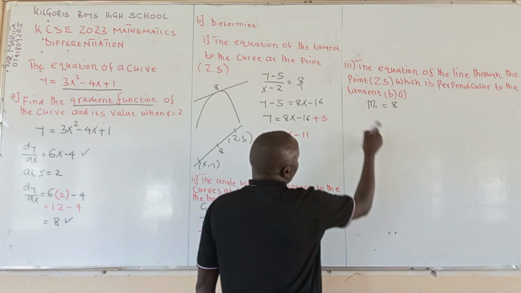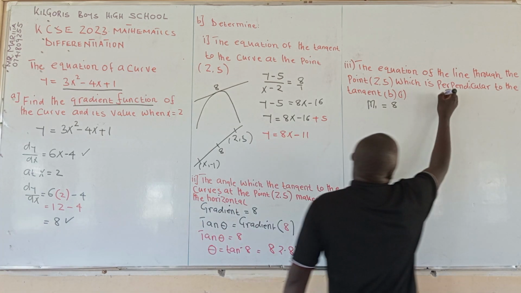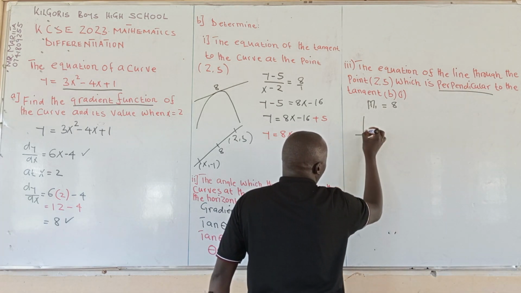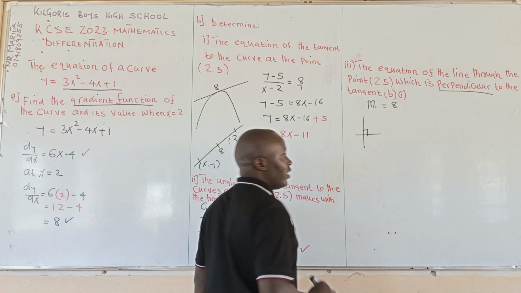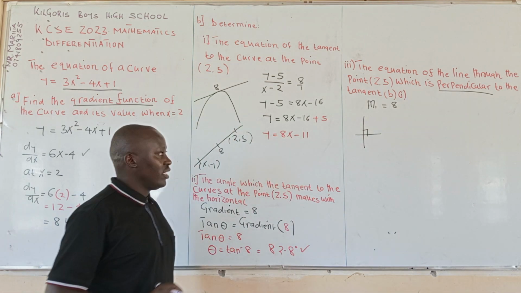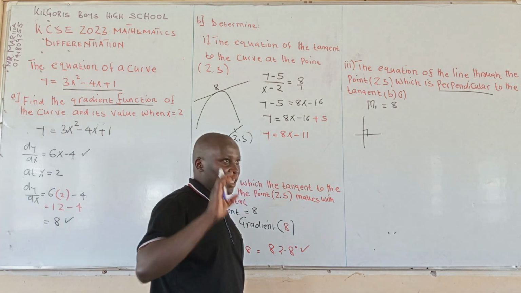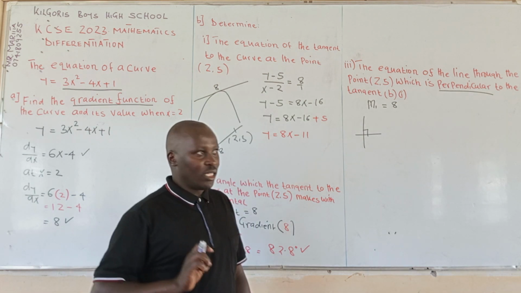And since the lines are perpendicular, for perpendicular lines the product of their gradients is equivalent to -1.